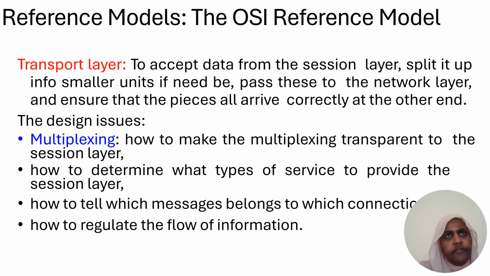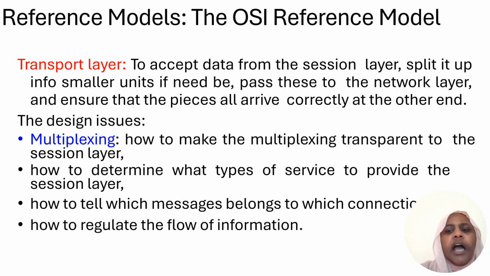In the receiving machine, it will demultiplex these different connections in the single channel, sending each data to the destination. And it's also desegmenting or resegmenting the messages, sending the message as a whole to the session layer.